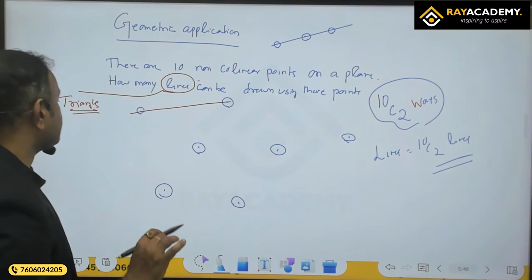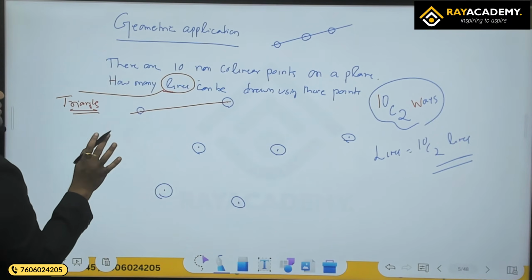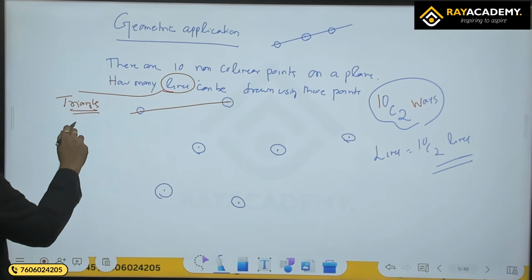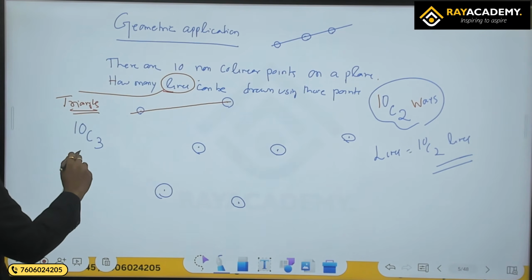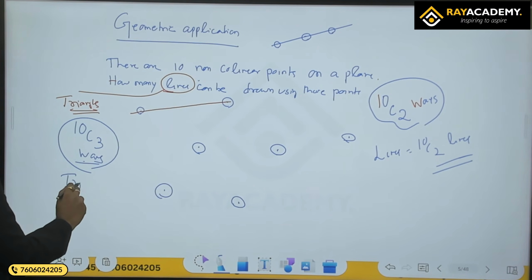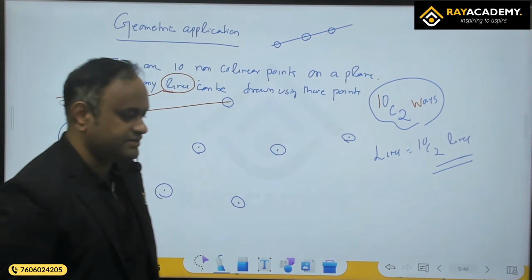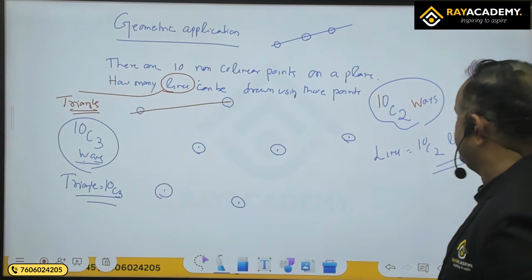So it is as good as they are asking how many ways we can choose 3 points from the 10 available points. That can be done in 10C3 ways. So number of triangles is 10C3. Okay, so this is some sort of geometric application.